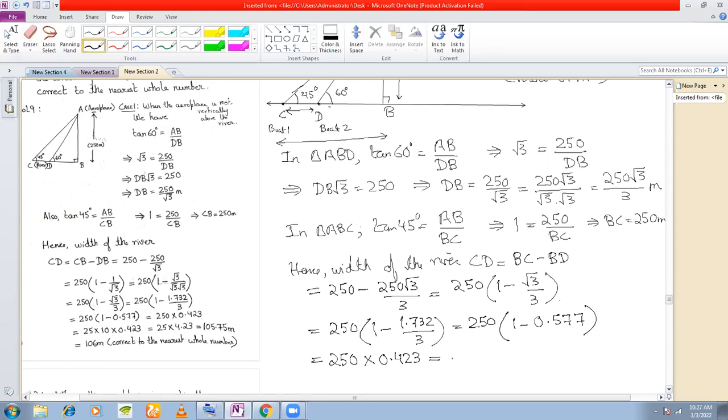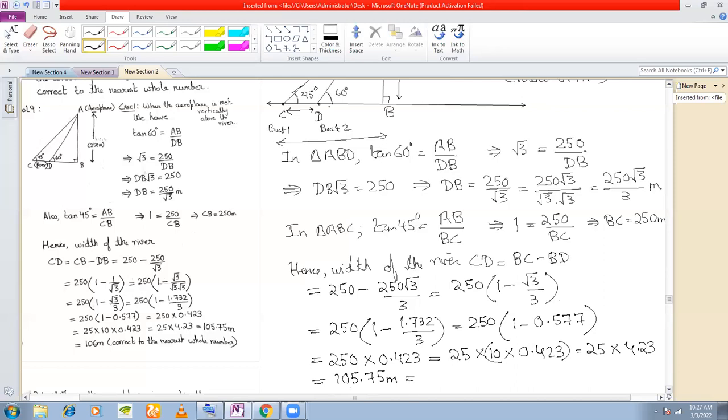And how will you multiply this? 25 into 10 into 0.423. So now you can multiply these two together first to get 25 into 4.23. Now 25 into 4.23 will give you 105.75 meters. But they are asking you correct to the nearest whole number.